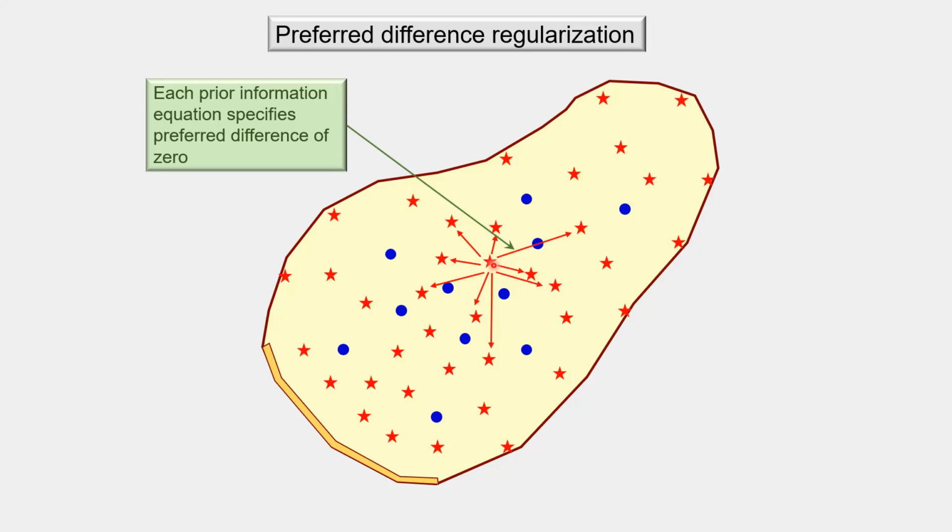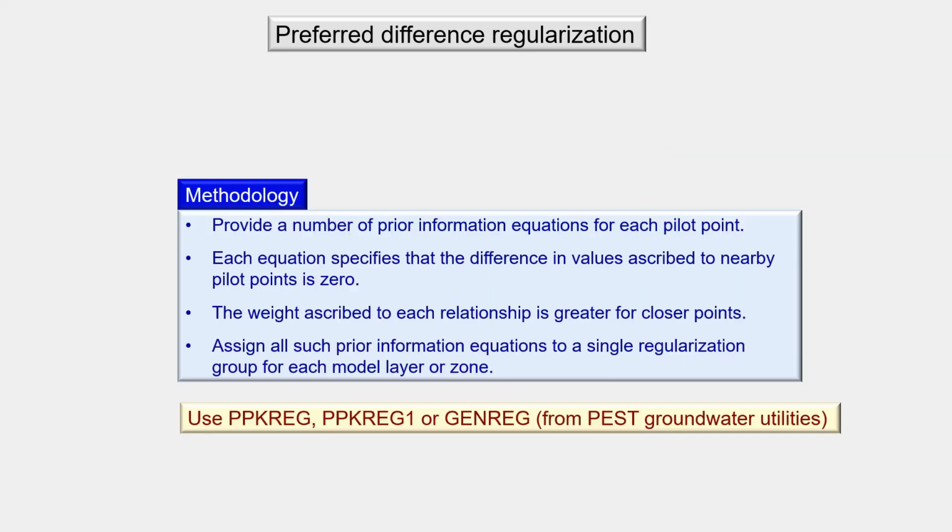Now, if multiple parameters are associated with the same set of pilot points, of course these equations must be added for all of these parameter types. So this is a methodology, and this is easily implemented with the PPK-Reg, PPK-Reg1 and GenReg utilities from the PEST Groundwater utility suite.